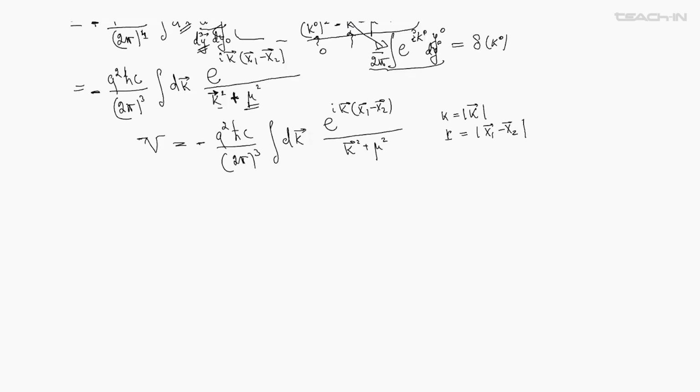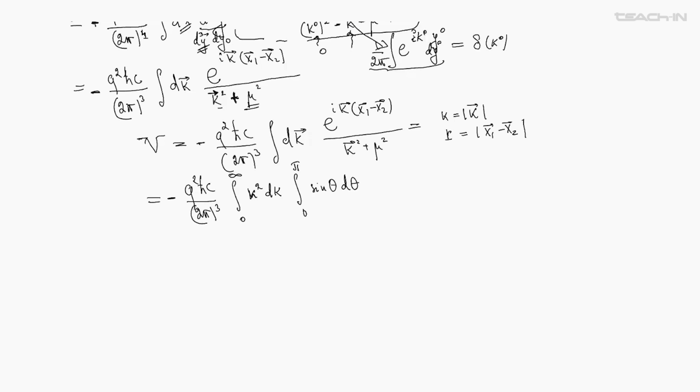In spherical coordinates, minus q squared h bar c divided by 2 pi cubed, integral from 0 to infinity with the measure of the spherical coordinate system, so k squared dk, and then an integral from 0 up to pi of sine theta d theta, and an integral from 0 up to 2 pi d phi.